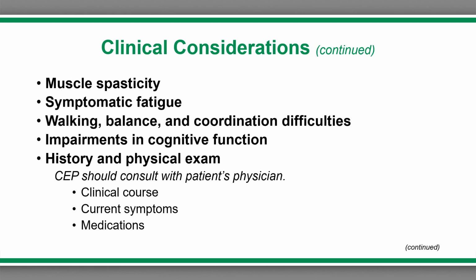Some more clinical considerations, and also what the physician will consult with. Now, what you would want to be aware of is what type of medications, what the person's symptoms are, and where they are in terms of the progress of their disease.